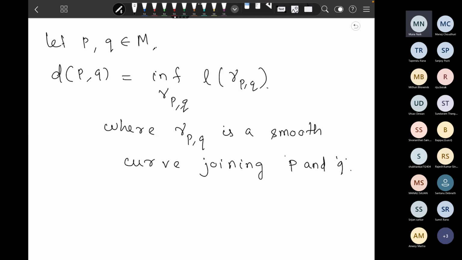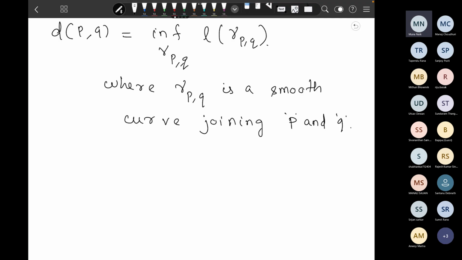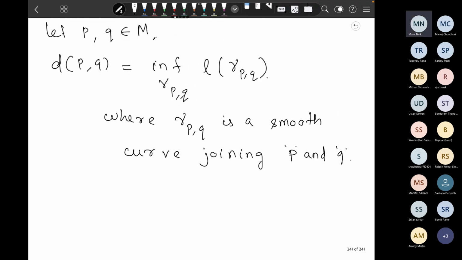Yeah, I may be wrong, but don't you need to take gamma to be piecewise smooth? Actually, this is equivalent, but you don't need this. You always get a smooth curve, because of connectedness. This is a good question.